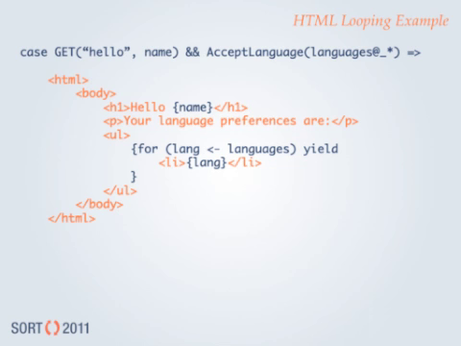You'll notice here that this for loop has the keyword yield. Scala's for loops allow you to return a value, and by using yield, it naturally returns a sequence of elements.